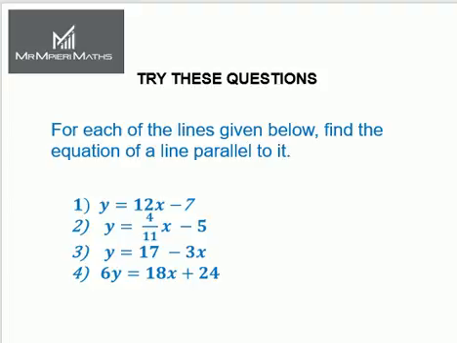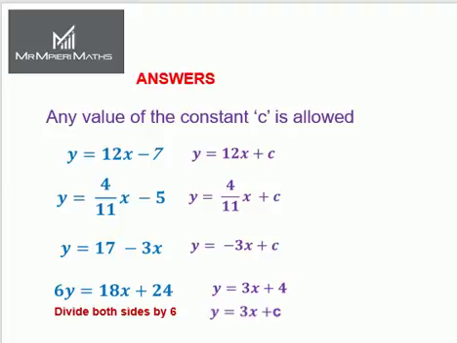Try these questions. Press pause. Have a go. When you're done, press play. Okay. The first one, you will have y equals 12x plus whatever value you put here. That's correct. Second one, 4 over 11x plus or minus your c value here. Any value of the constant c is allowed.